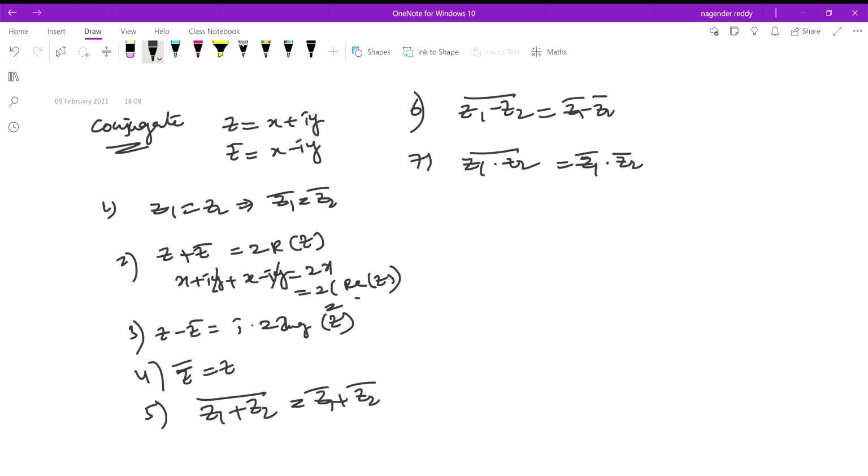And the same thing for the eighth one also, z1 by z2 whole bar is equal to z1 bar by z2 bar.